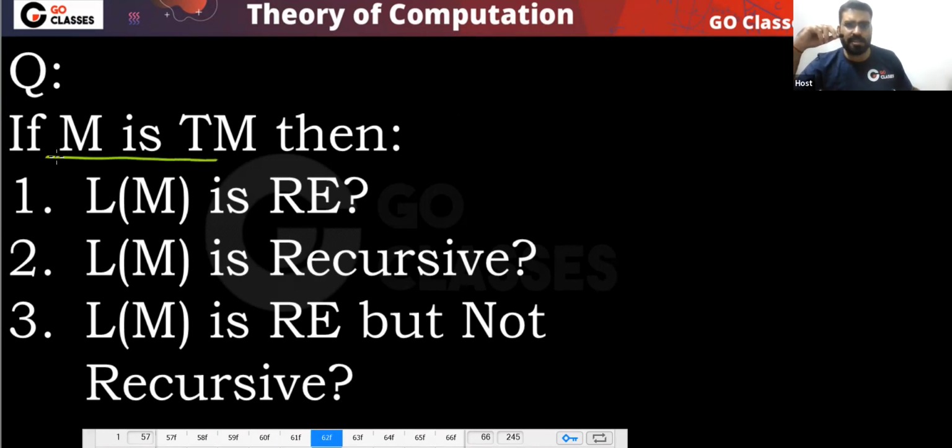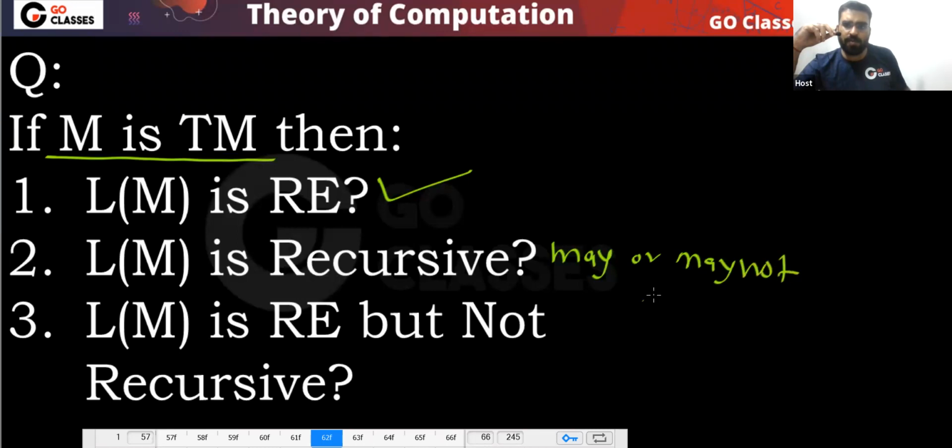If M is a Turing machine, then can I say L(M) is RE? Definitely, by definition. L(M) is RE. Can I say recursive? May or may not be. And what about this? This also may or may not. Information is not enough.